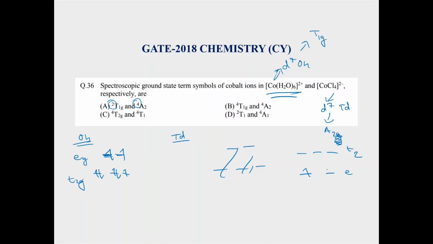So 7 electrons we will fill here also, 1, 2, 3, 4, 5, 6, and 7. In both cases, the number of unpaired electrons is 3. S will be 3 by 2 for both, and 2S plus 1 will be 4 for both. Right. So 4T1g and 4A2 will be the correct option for this question.